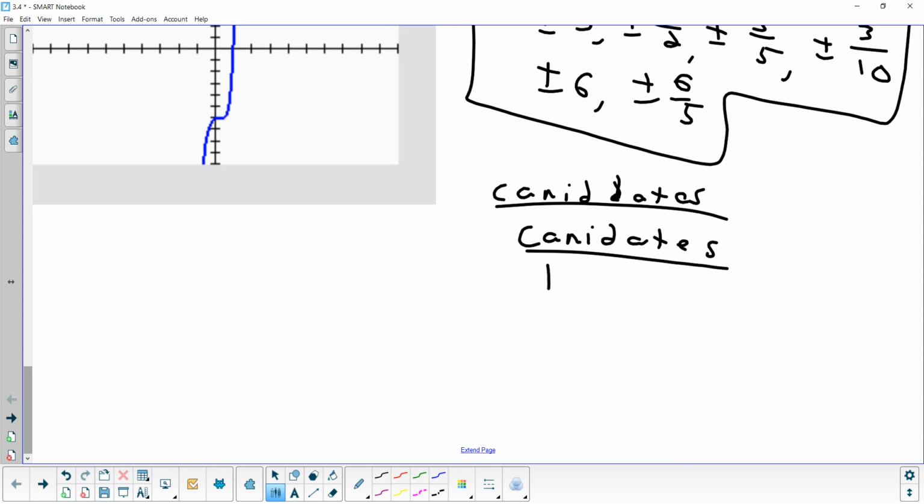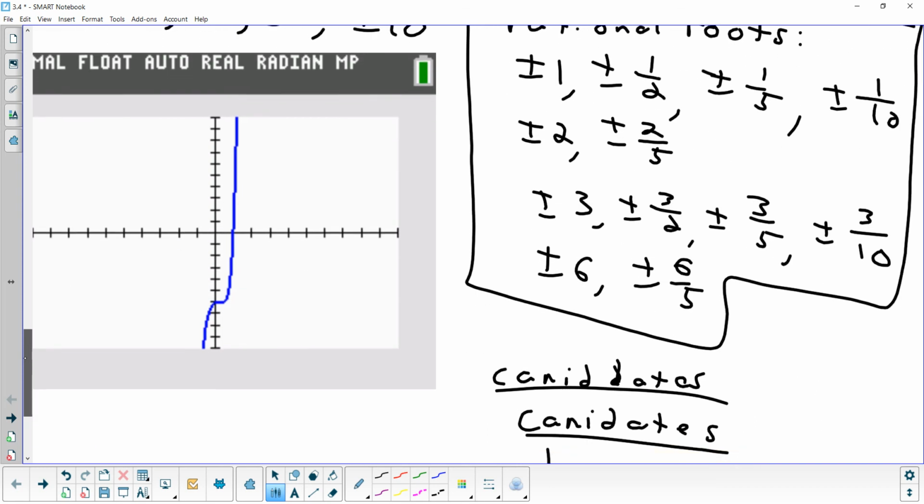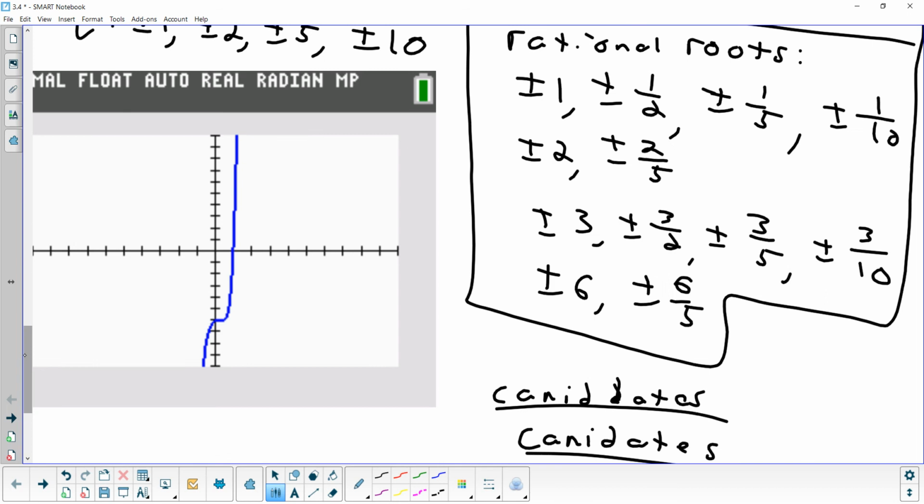So, plus 1 looks like a possible candidate for a root. If we check plus a half, no. Minus a half, no. Plus a fifth, no. Minus a fifth, no. Plus a tenth, minus a tenth, no. 2, negative 2, no. This is 0.4, no, doesn't look close to that. 3, negative 3, no. 3 halves is 1.5, no. Negative 1.5, no. 0.6, 0.3, no. 6, no way.